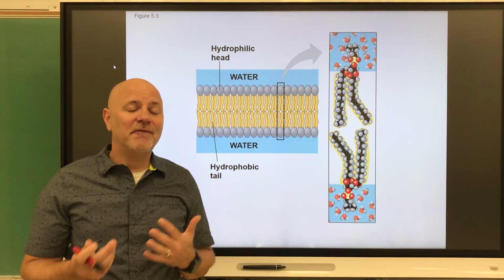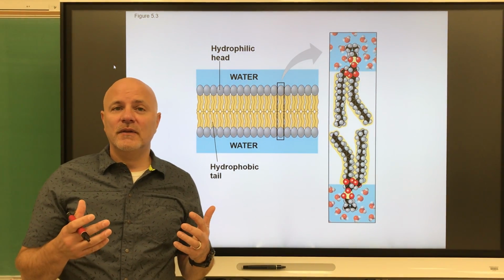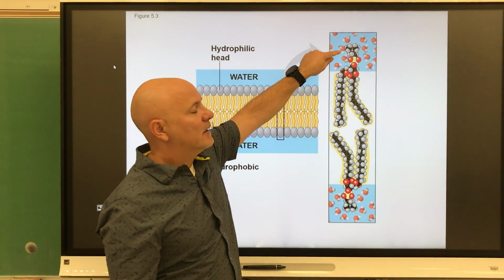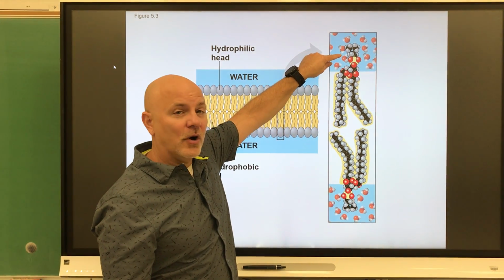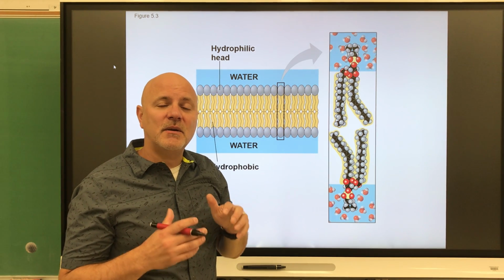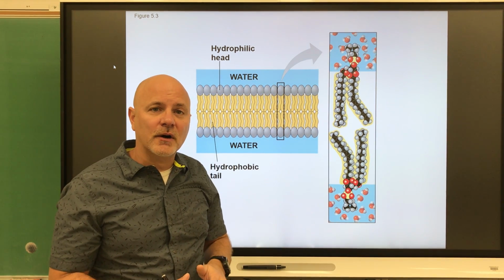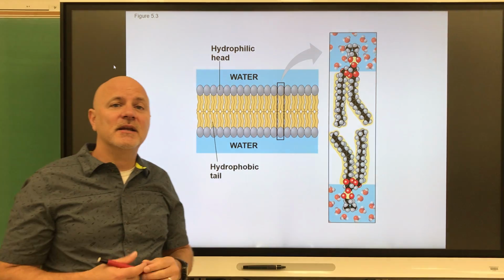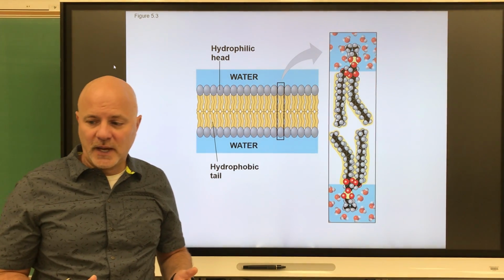Hydro means water, philia means loving. So the phosphate head here is hydrophilic, meaning it's water loving. So that means this is a molecule that is attracted to water, right? Or another way to say that is it's a polar molecule, okay?